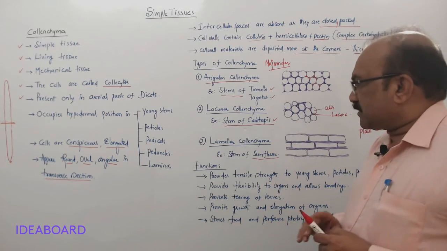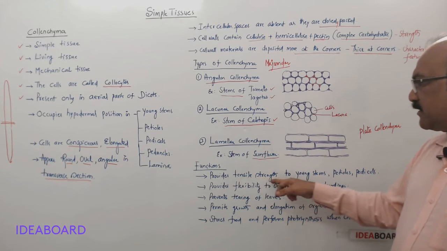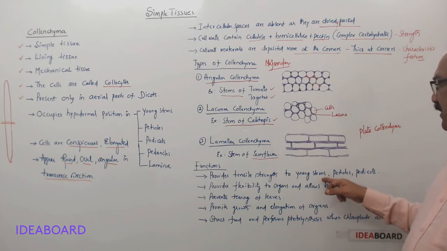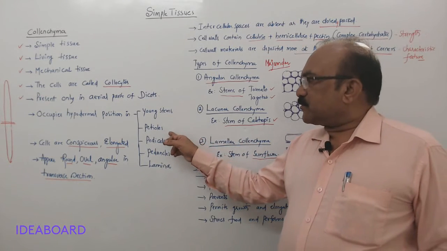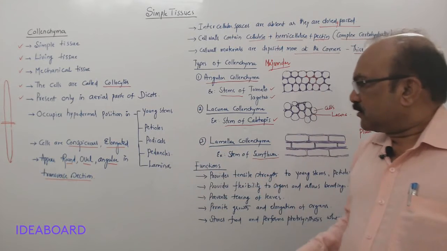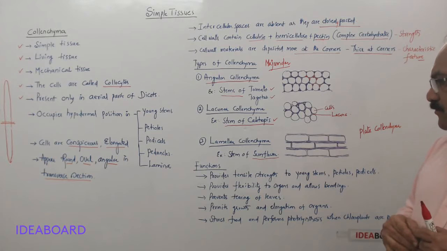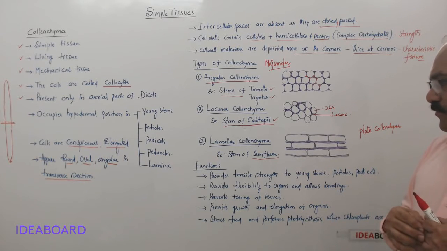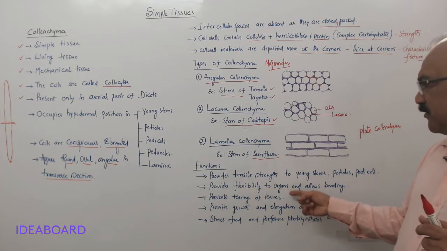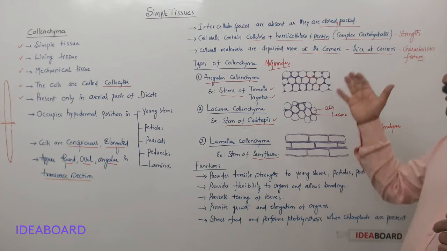Okay, now let us discuss the functions of this collenchyma. It provides tensile strength to young stems, petioles, pedicels. I wrote already, it is present in young stems, petioles, pedicels, peduncles, lamina. All of them will have tensile strength, and that means elasticity. It provides flexibility to organs and allows bending, because of the presence of the pectin.